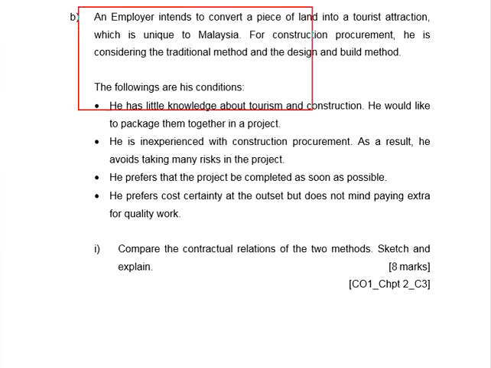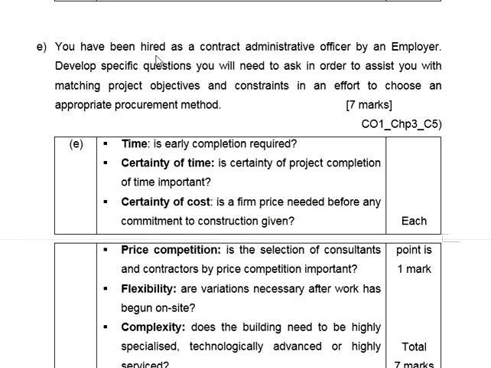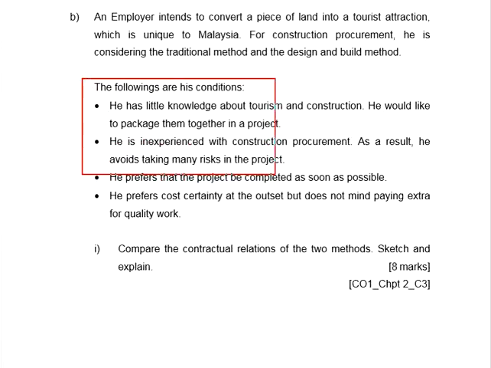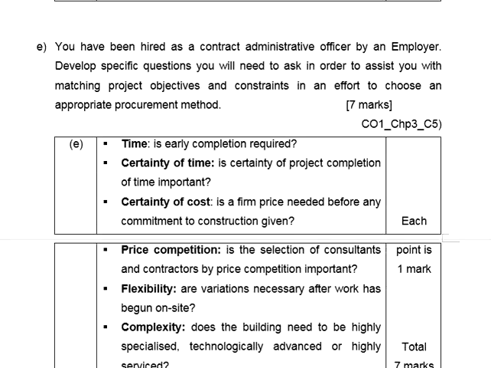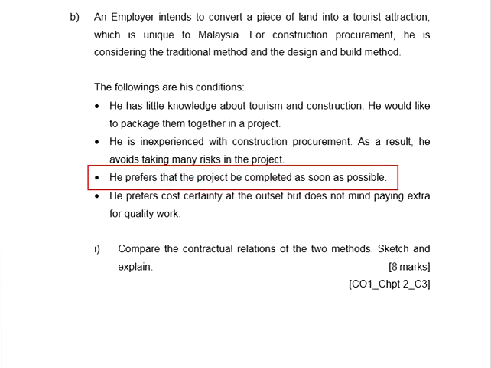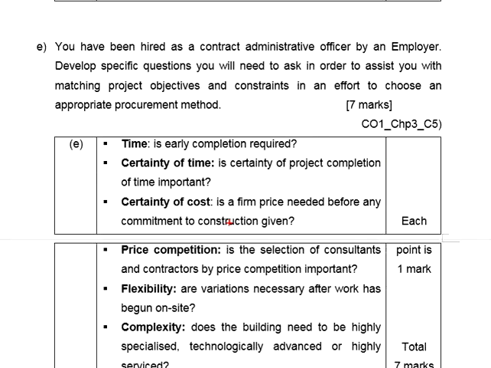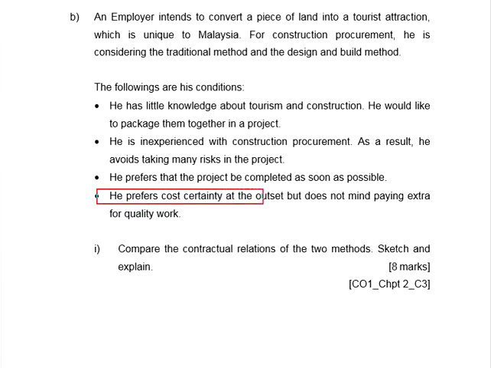It may seem that this question is totally different from the earlier question. But what you see here is that the principles and elements are available, embedded inside the scenario. For example, when we talk about time, whether the project can be completed earlier, you will see the relevant information in the conditions of the question. And when we talk about the certainty of the cost before the project starts, this is also part of the preferences.